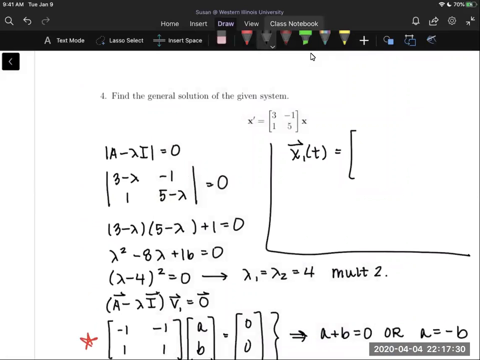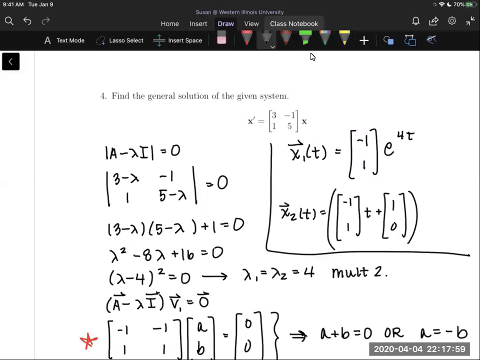Our vector ended up being -1, 1 for V1, and this was e to the 4t. And then our x2 is going to become V1 t plus V2 times e to the 4t. Now remember, these are the individual solutions.